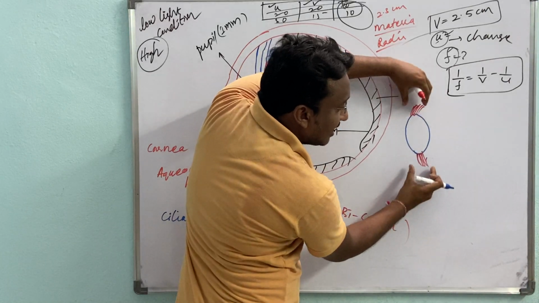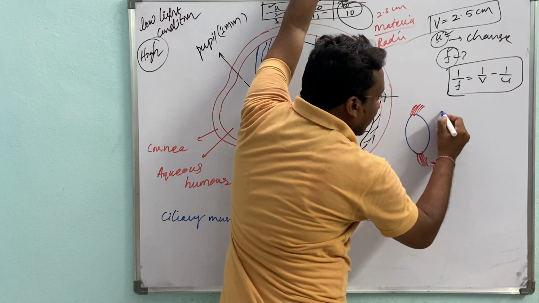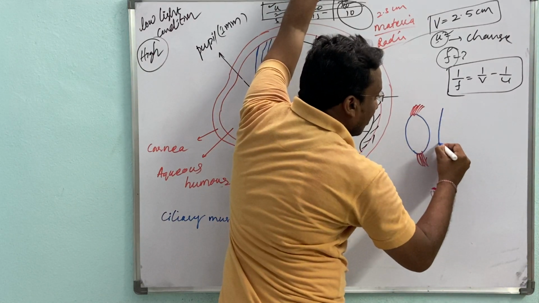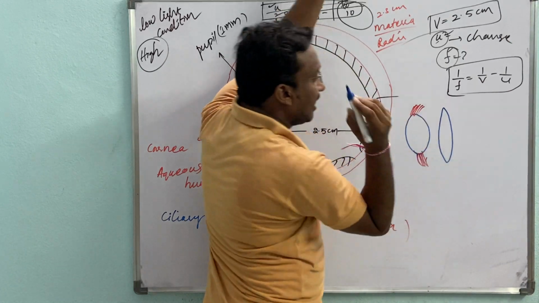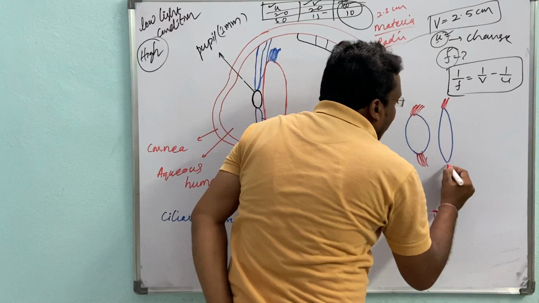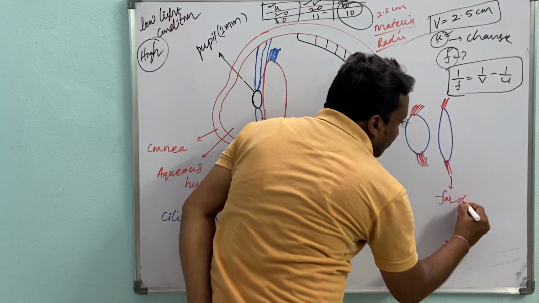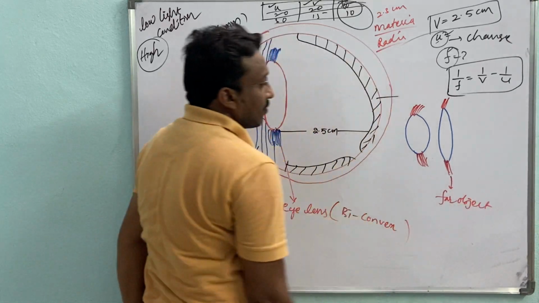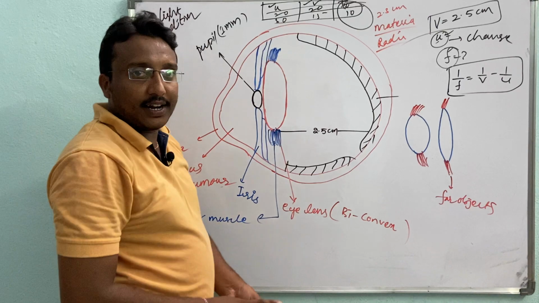In such a case, the shape of the lens becomes thin, when we observe far objects, if the object is at infinity. Got it?